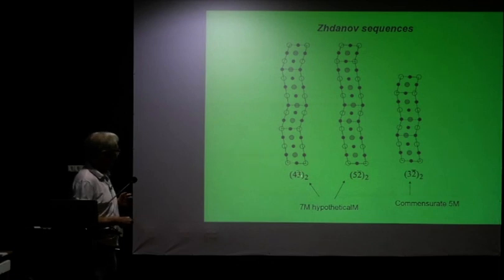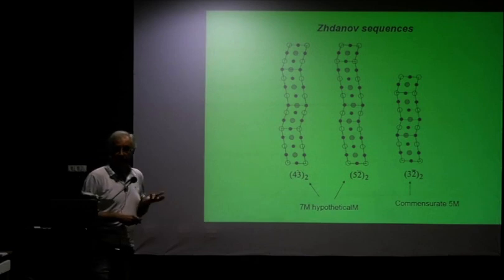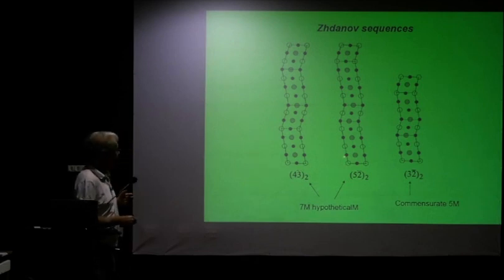So this would be 4, 3 repeated 2 times. It's 1, 2, 3, 4, 1, 2, 3, and this whole thing repeated 2 times gives a designation like this. 5, 2 is also a 7M modulated state. It can also be like this: you can have 1, 2, 3, 4, 5, and then 2, and then 5, and then 2 again.